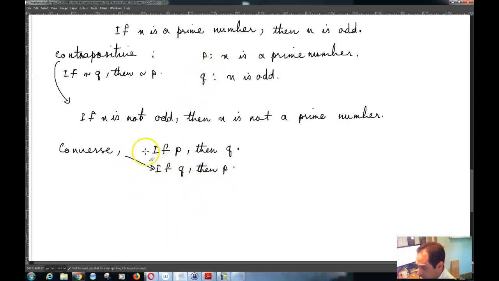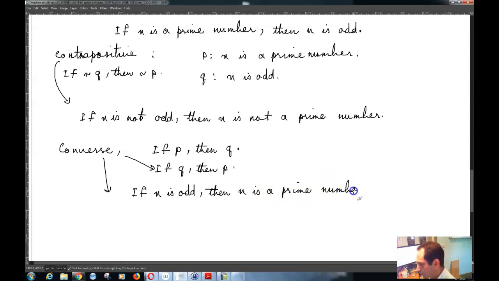So for the converse, I need to write if x is odd, then x is a prime number. Okay? If the number x is odd, then it's a prime number. That is part 1 of question number 2.